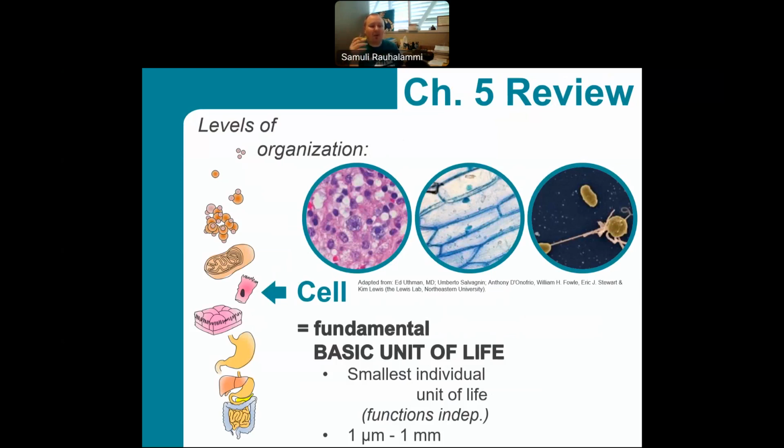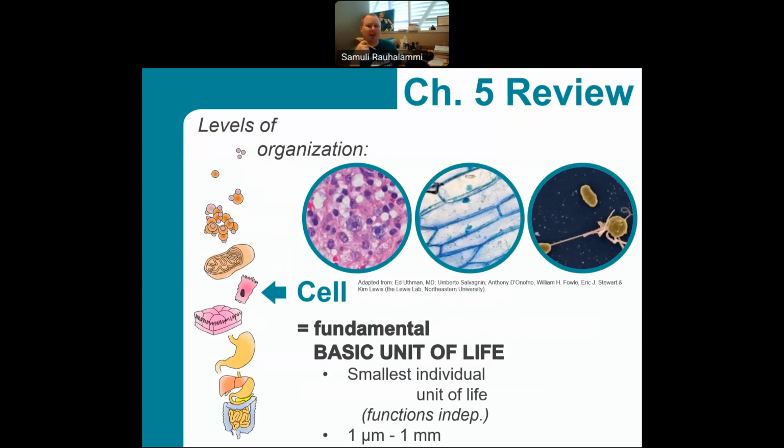And then we can have multiple organs that all work together to perform a bigger function together. I can think of, for example, a digestive system. A digestive system is made of many organs, but as a whole, the goal is shared between all of these.